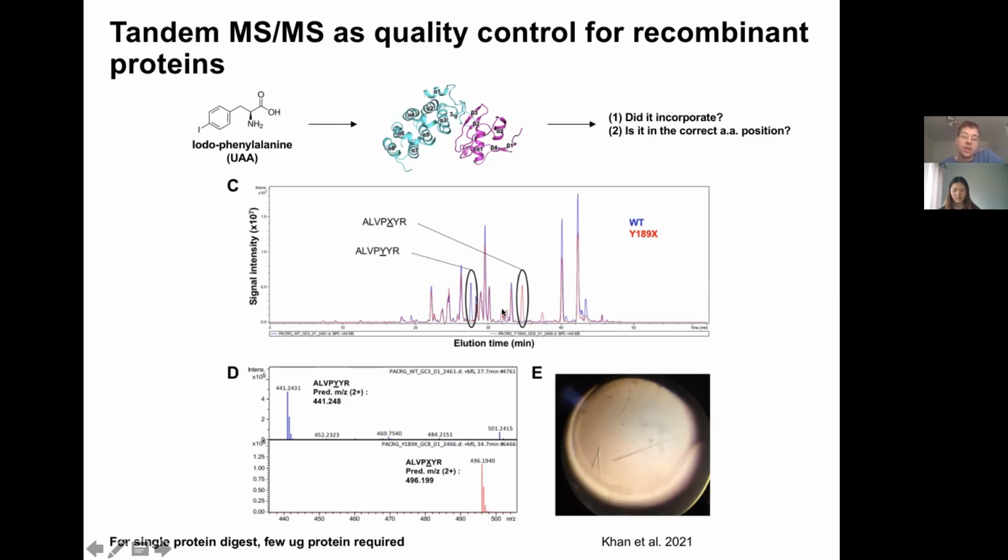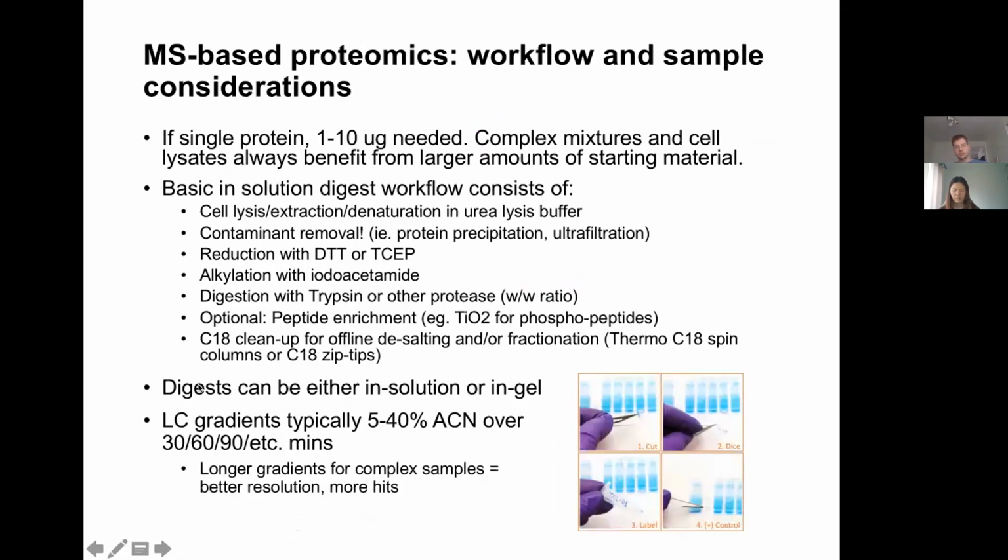And so this was a good quality control check for a single protein digested into peptides. And so for something like this, you only need a few micrograms as well, so it's really efficient.